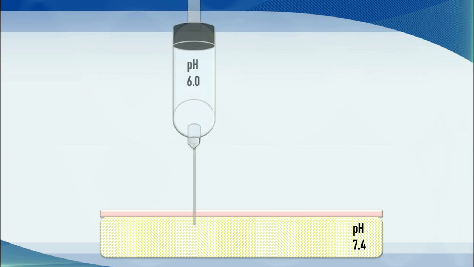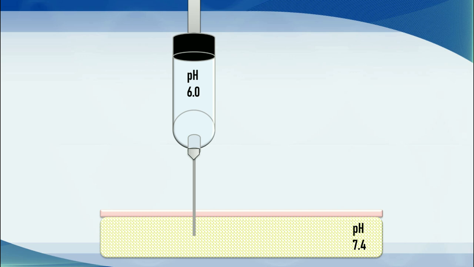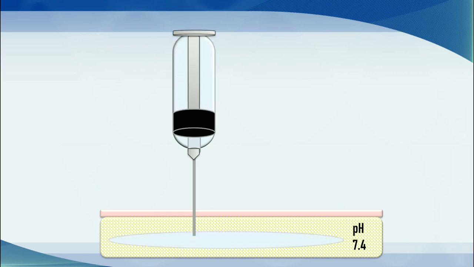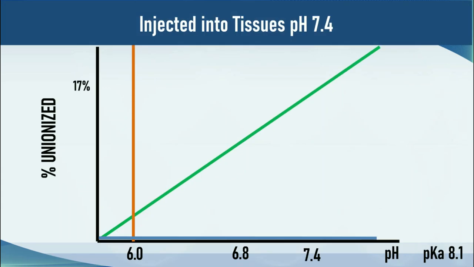The contents of the syringe are at a pH of 6.0. At that pH, nearly all of the local anesthetic is ionized. Now, we're injecting the local anesthetic, and immediately there will be a chemical change in the liquid that is injected. At a pH of 6, bupivacaine is nearly 100% ionized.